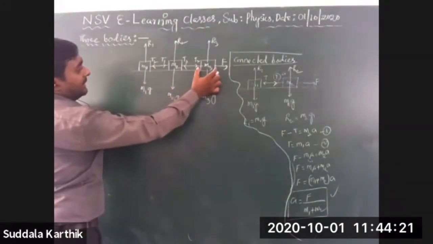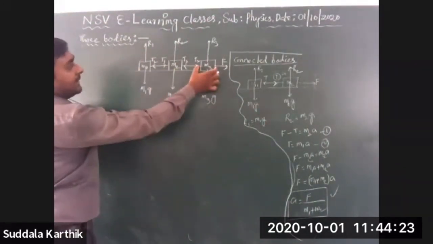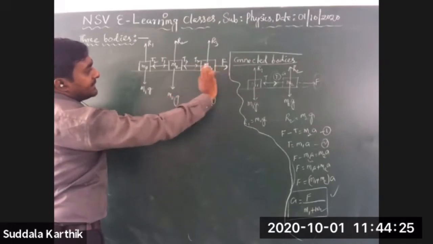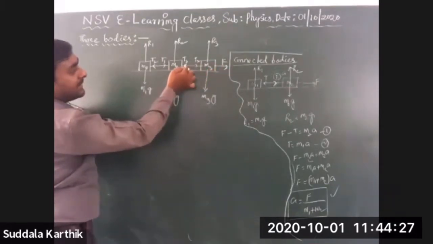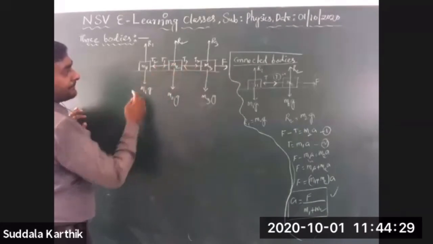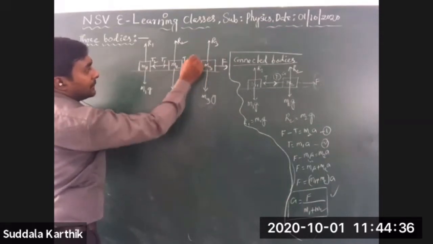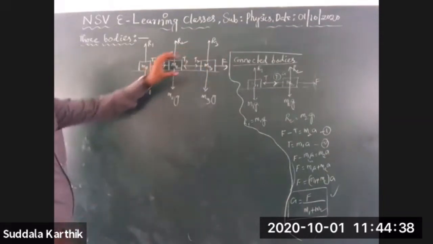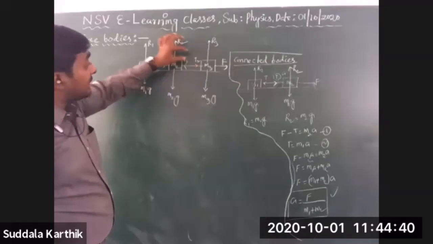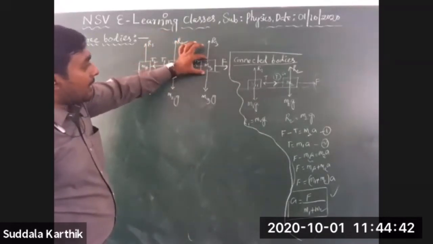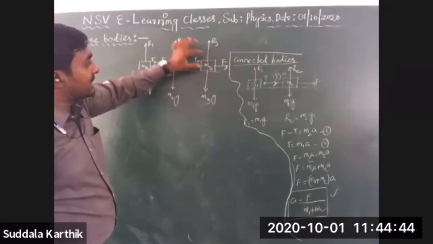First of all, I am calculating at the M3 mass. Force F is acting in this direction and T3 force is acting in this direction. T3 is acting on which body? The third body, so you can neglect the other one, because it is acting on that one, not on this one. On the third body, which forces are acting?